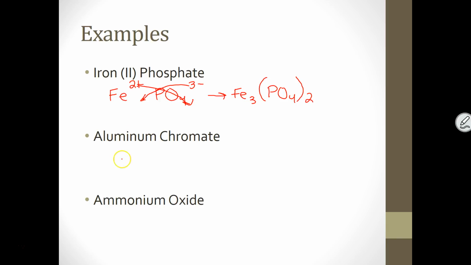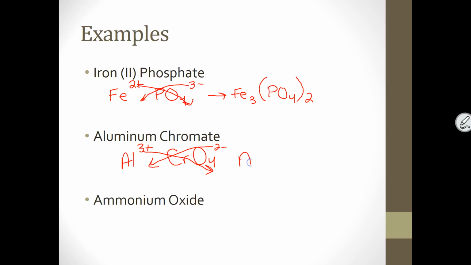Let's take a look at the next one, aluminum chromate. So we have aluminum. Aluminum has a positive 3 charge. And then chromate is CrO4 with a -2 charge. All right, so the 3 is going to come down here for the chromate, and the 2 is going to go down there.